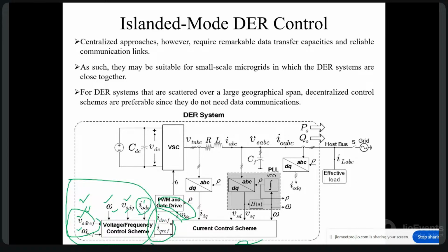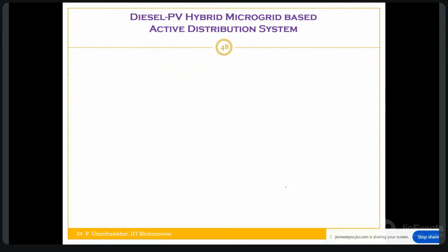Based on these currents, we decide the current references as per the power sharing. The rest is the same as the grid connected operation. So this is how we operate and control the microgrid for different modes of operation, whether grid connected or islanded.